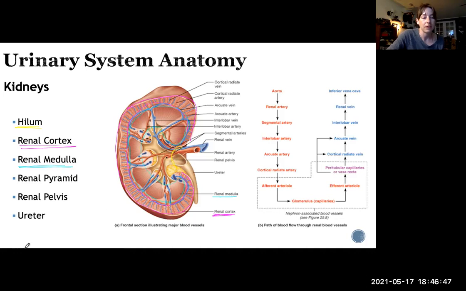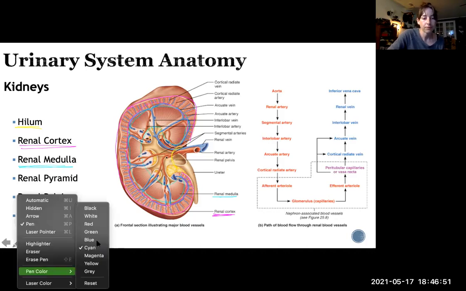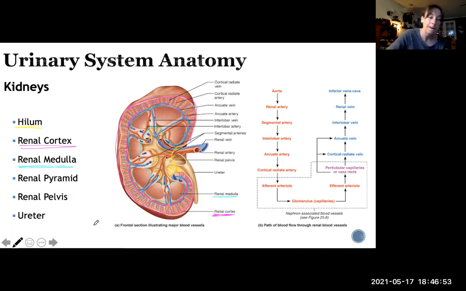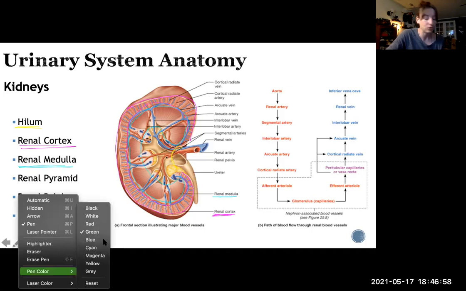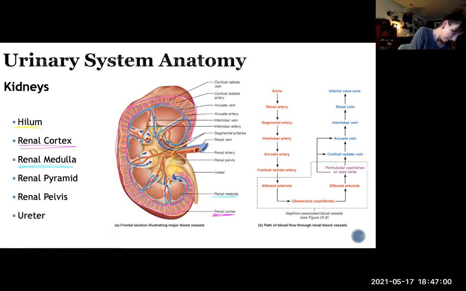And the renal pyramids, plural, which are in the medulla, and are these guys right here. See how they are triangular, pyramid shaped. And also notice the striations here.